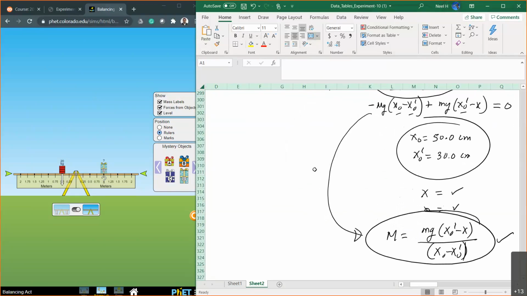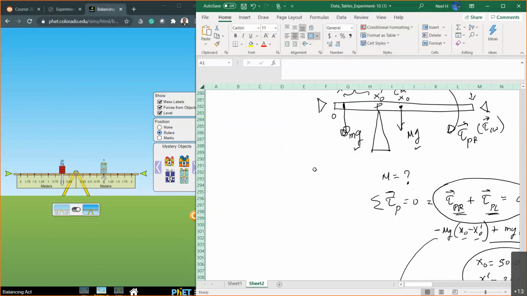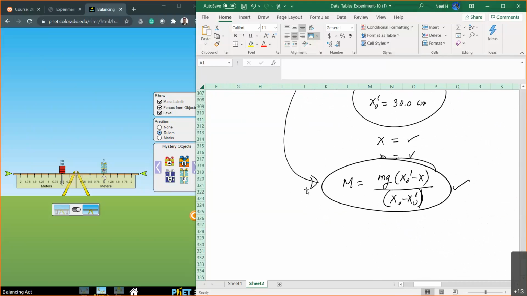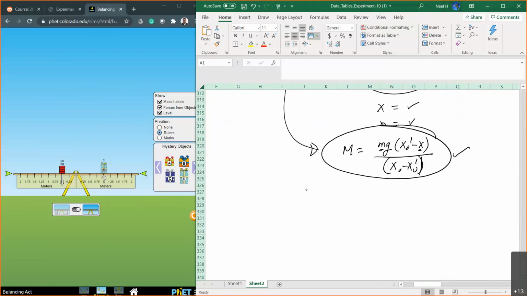But I can do it by changing this, right? For example, I can shift this one slowly into a different location and then try to rebalance. And then shift it into another location and rebalance. As a function of shifting x, I can find the amount of mass I need to rebalance this. If I do this again and again, by changing those two, I can use the same formula, but I can do the graphical method.